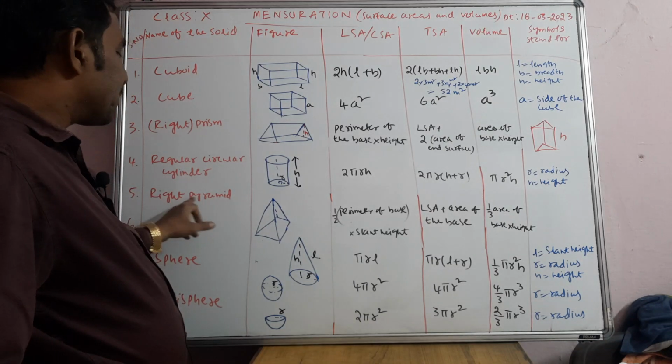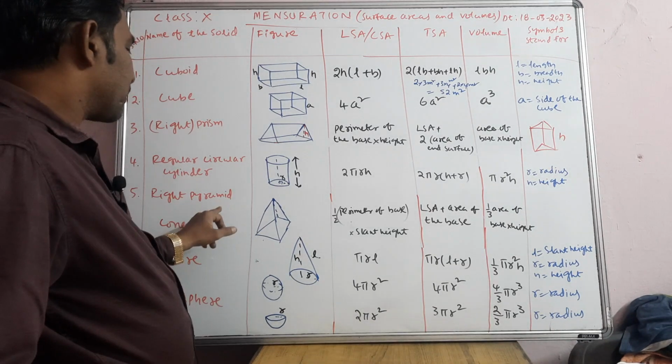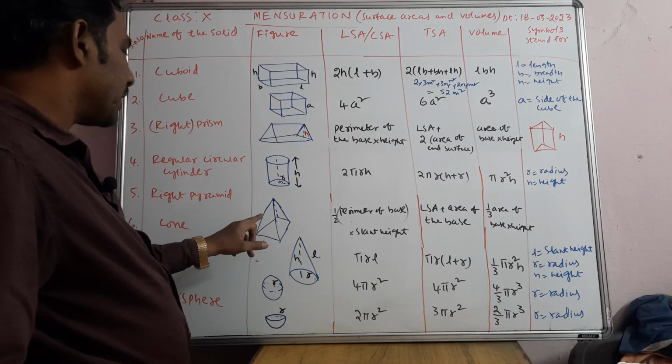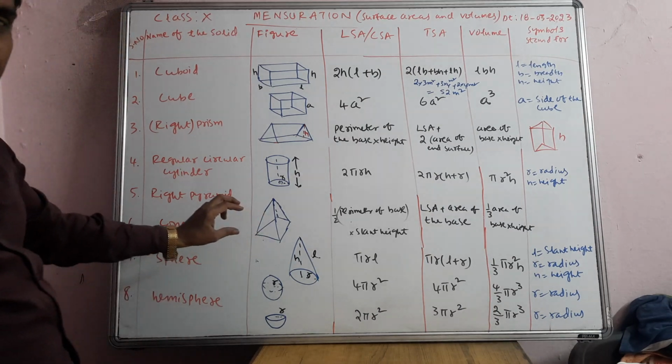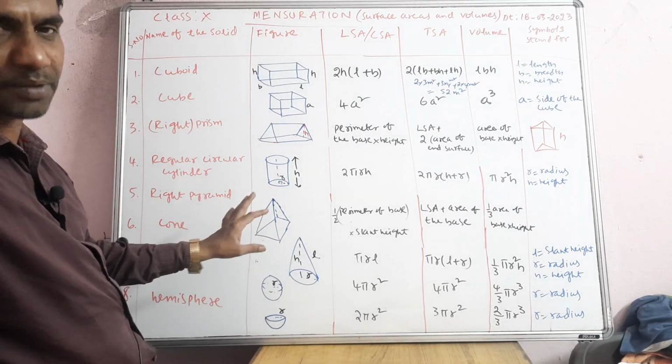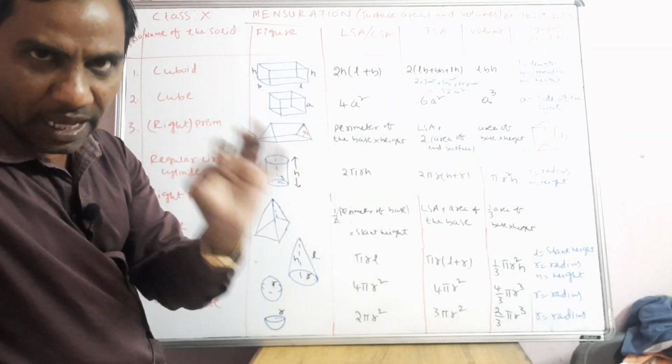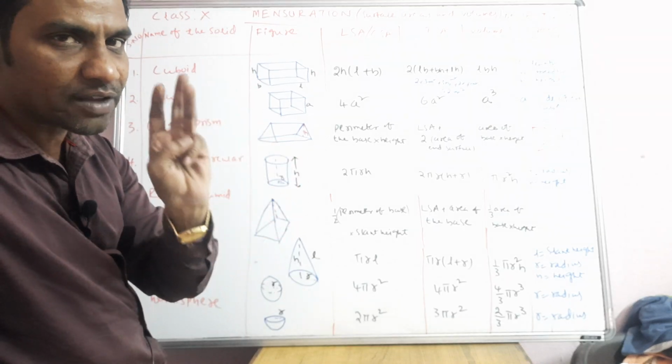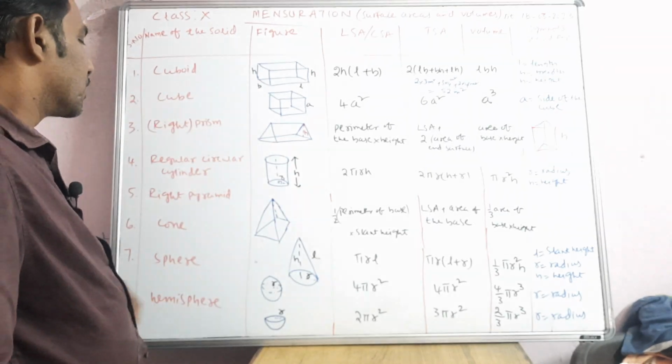Now, right pyramid. A pyramid generally will have one polygon as base, and the remaining surfaces will be triangular. That is called a pyramid.